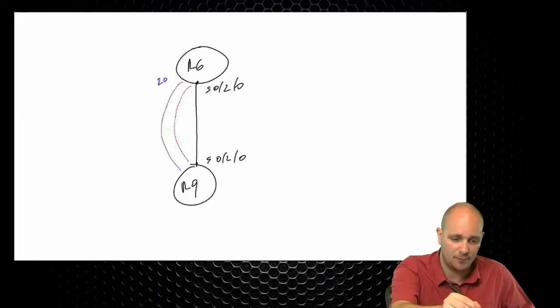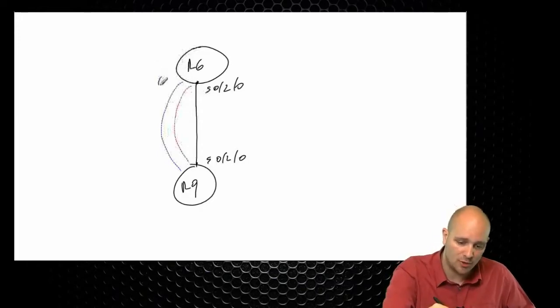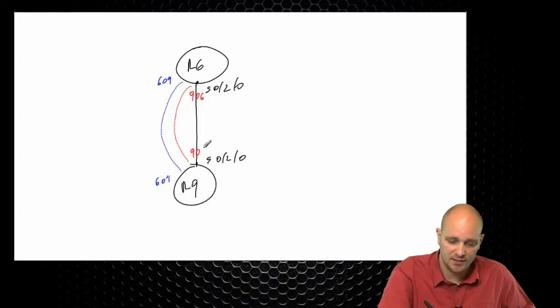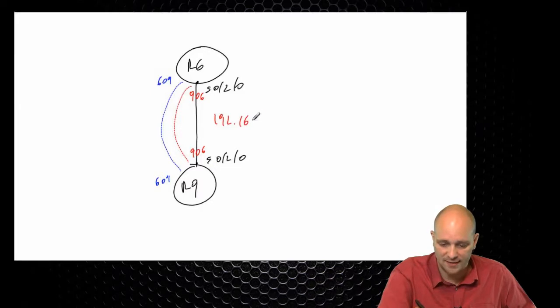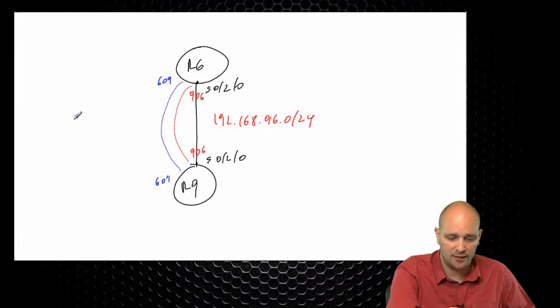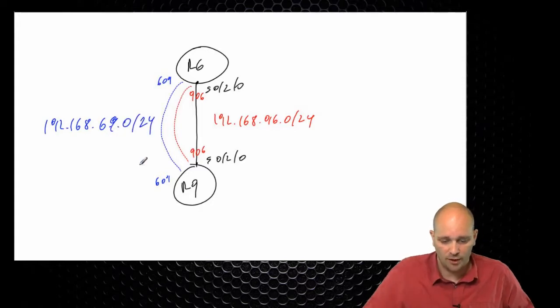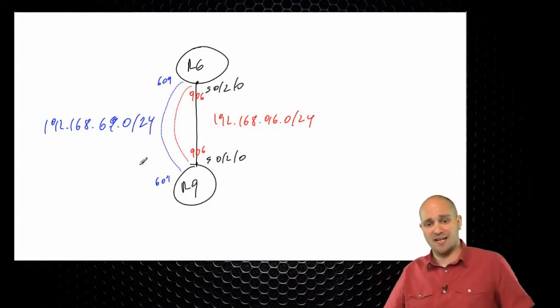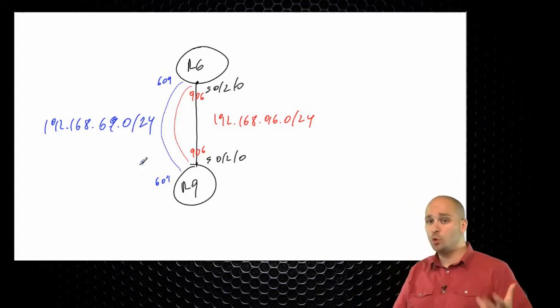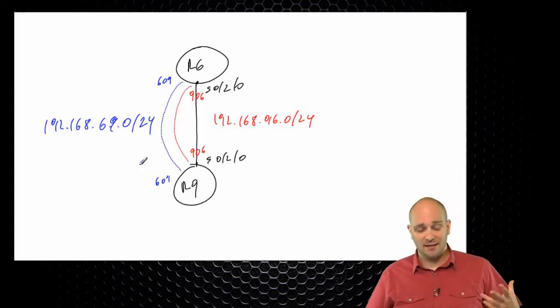Let's say that this is going to be 609 on this side and 609 on this side, and that the red one is going to be 906 and 906, and that I want to run 192.168.96.0/24 here, and 192.168.69.0/24 here. Again, 6, 9 on the two other sides. So I have one interface and I want to have two logical connections between these two devices.